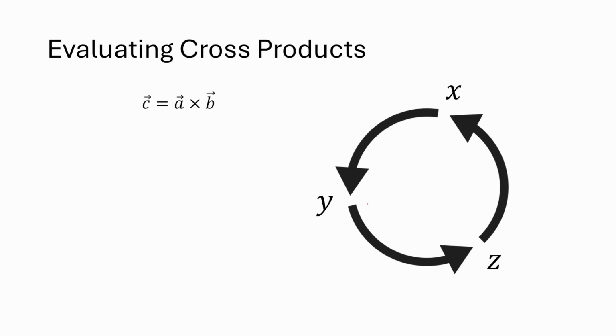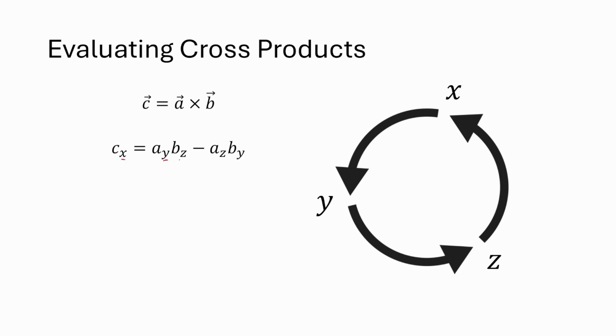We have our cross product, A cross B. The x component of the cross product is the y component of the first vector times the z component of the second vector minus the z component of the first vector times the y component of the second vector. And you're like, what does this have to do with the circle, dude? Okay, look at the order of the subscripts.